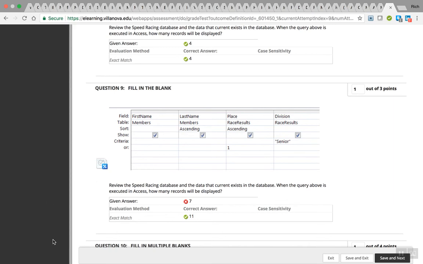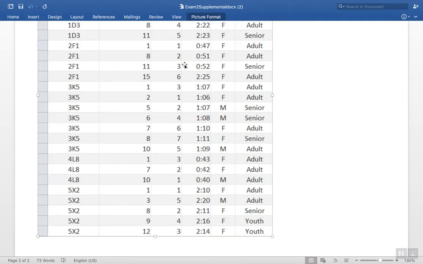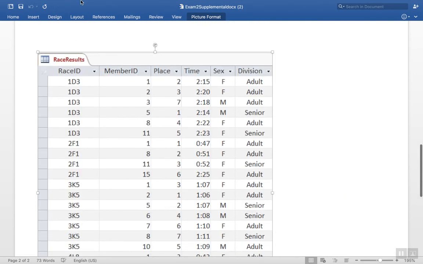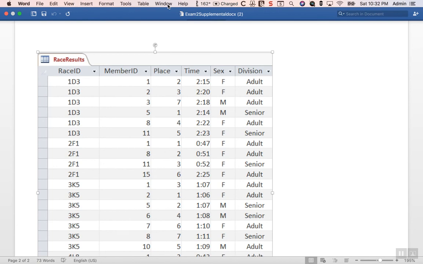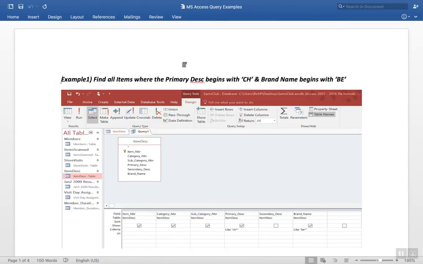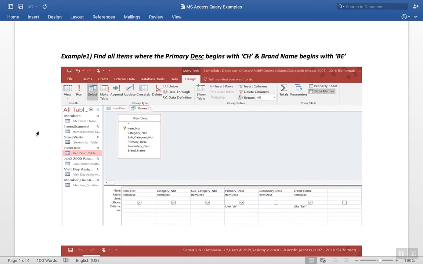All right, let's take a quick look at some other queries. I pulled together a couple from before dealing with Sam's Club. Let's look at our Sam's Club query again. Here are a couple of examples. In this case these are ands.